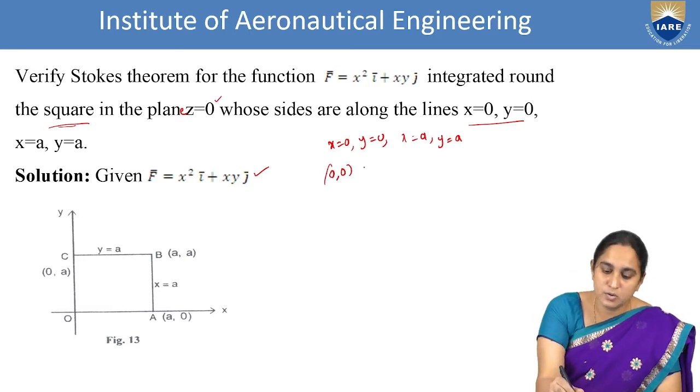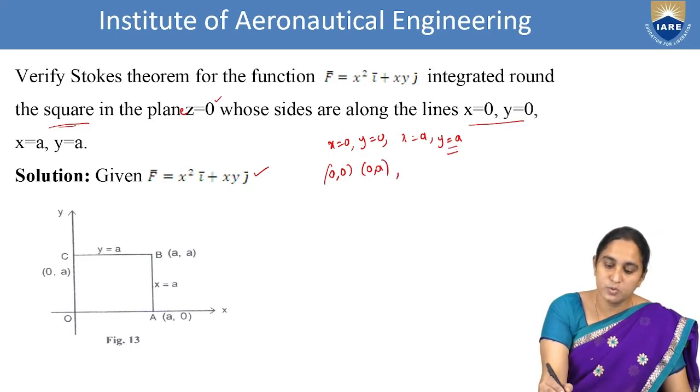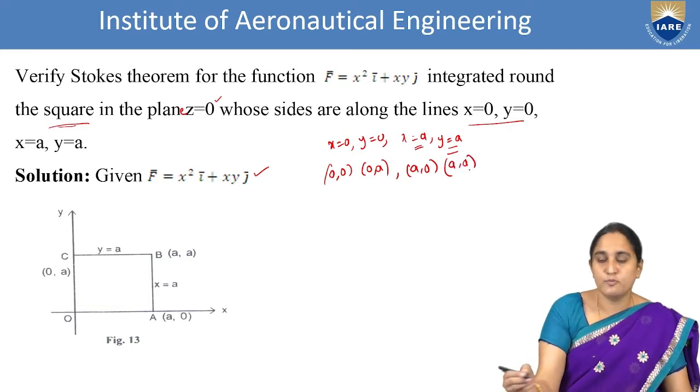At x is 0, I'll take y as a. Next, at y is 0, at x is a. And the next one, at x is a, I'll take y is equal to a.